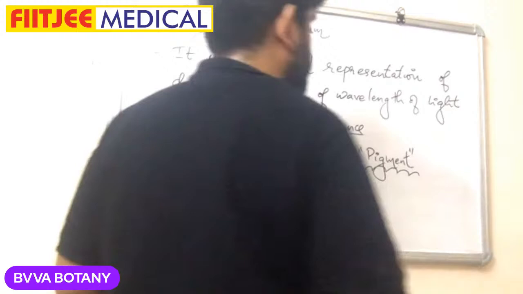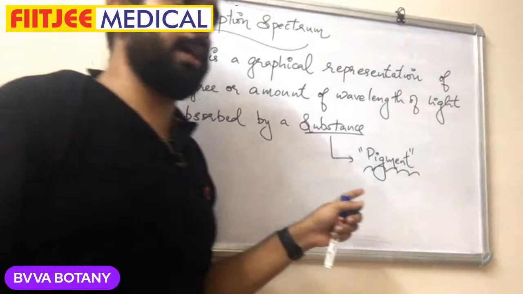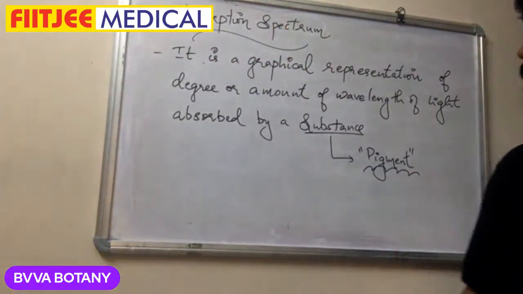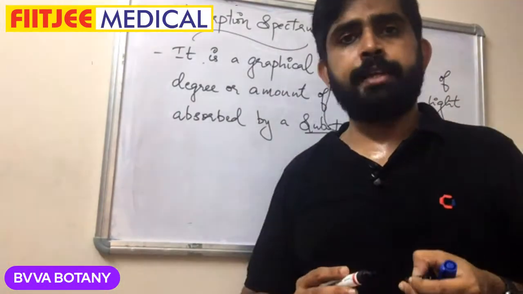Now in this chapter, as per NCERT, we have to take up the absorption spectrum of three pigments: chlorophyll A, B, and carotenoids.